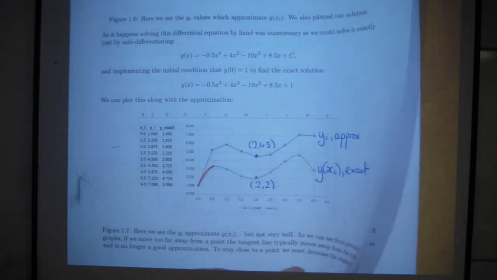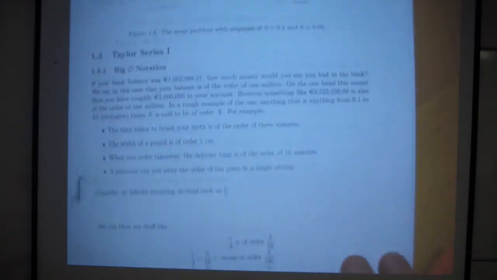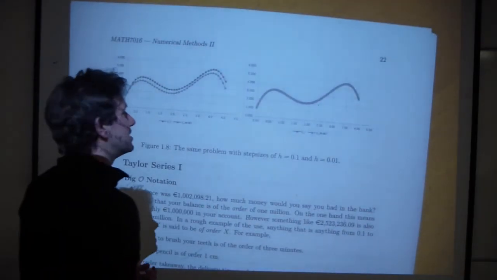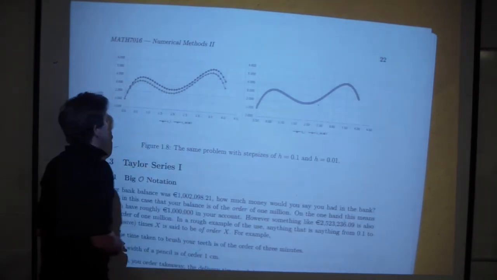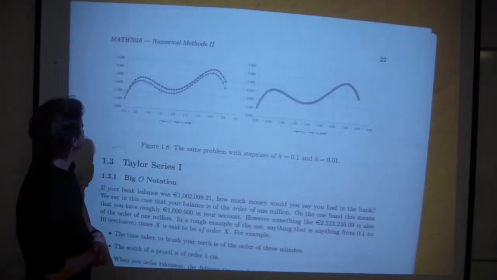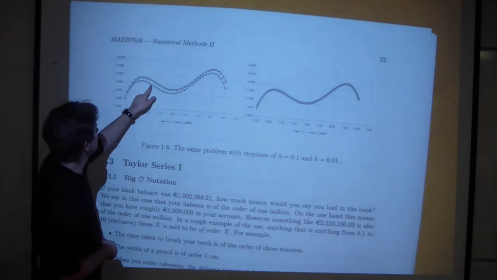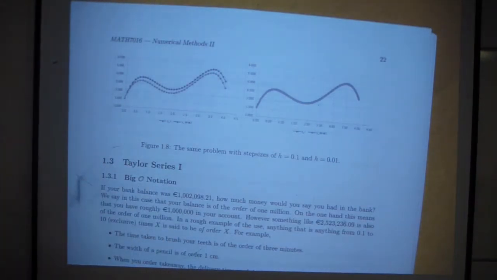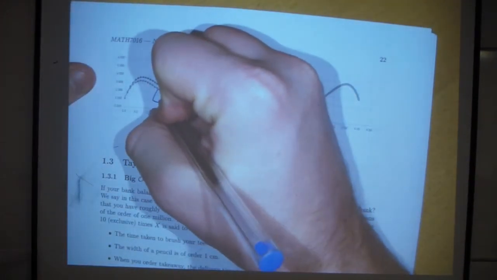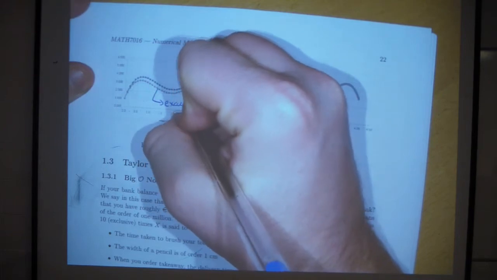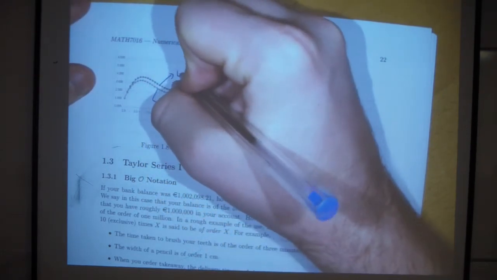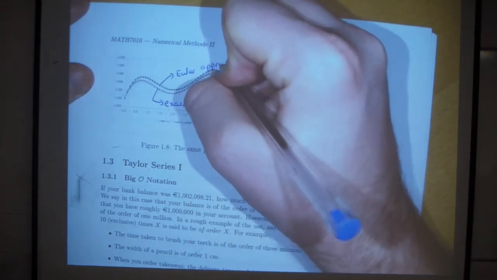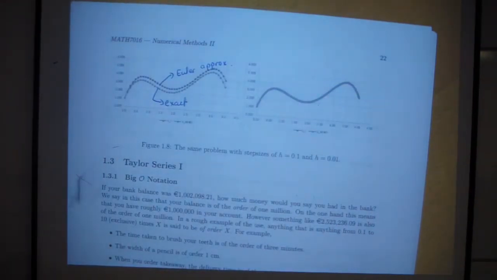So we did some of these in Excel. Now obviously you can't really do these by hand. So here we have two graphs. The same problem, when I say the same problem, I mean the same differential equation. I suspect that the one on the bottom here is the exact solution, and the one on the top is our Euler approximation. That is with a step size of 0.1.